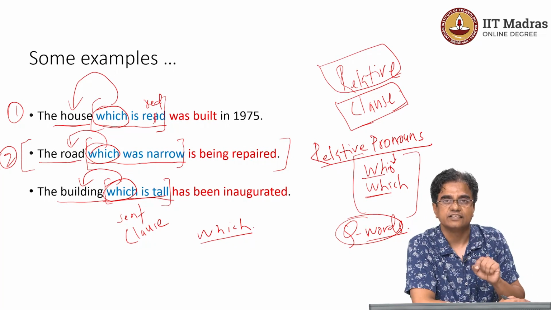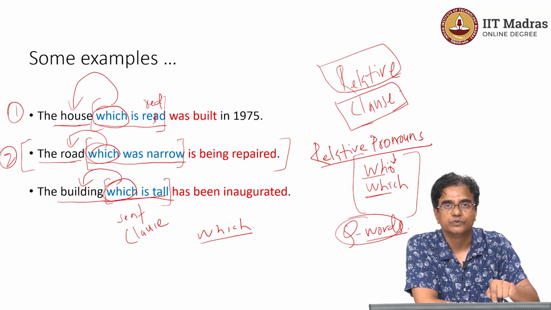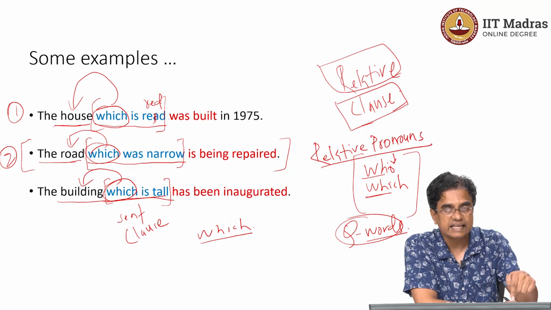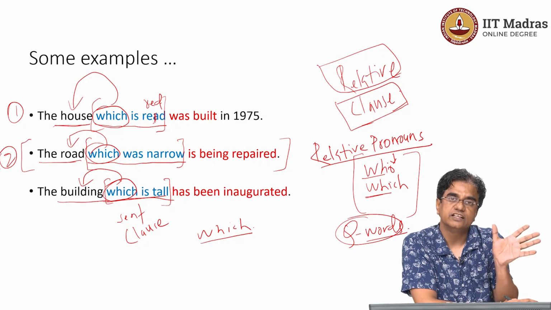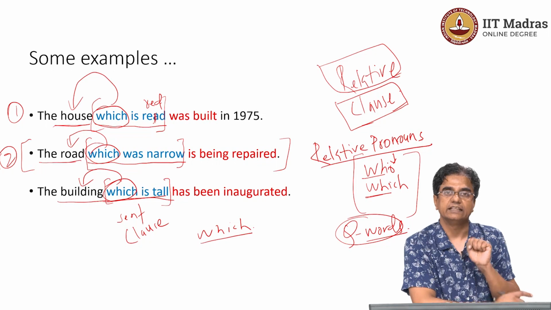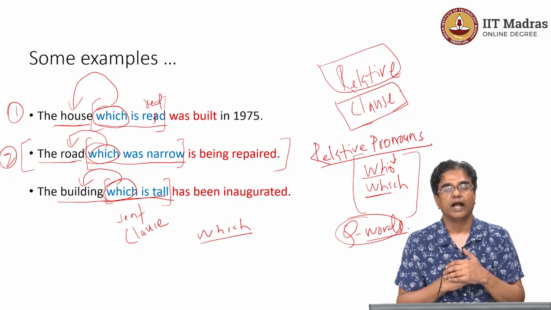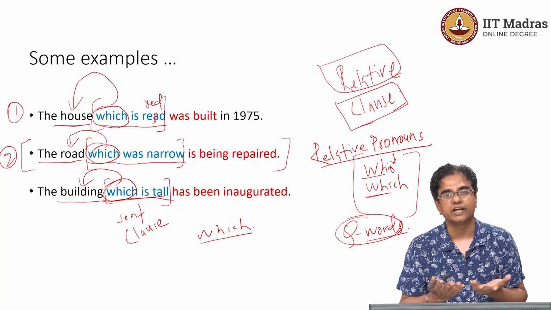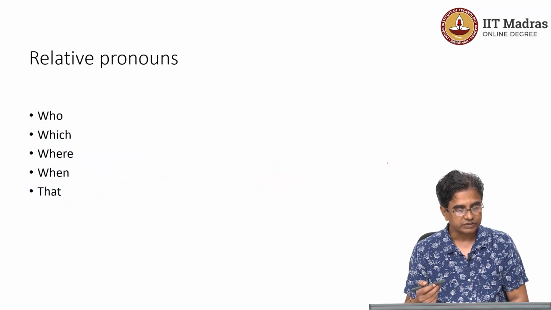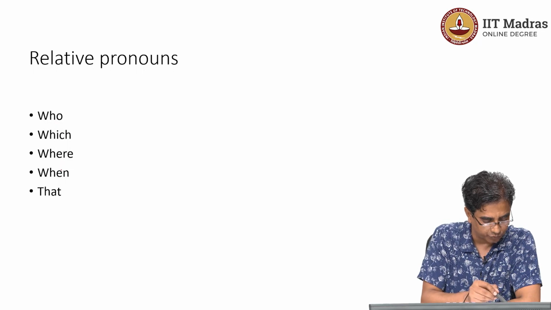And it is this relative pronoun of the relative clause which is connecting this clause with the matrix clause, with the larger clause. Thus, we understand why we call it a relative clause and what the functions of a relative clause are. We also understand relative pronouns. So, most of the question words who, which, where, when are relative pronouns.